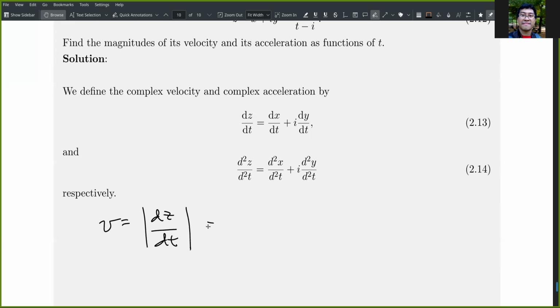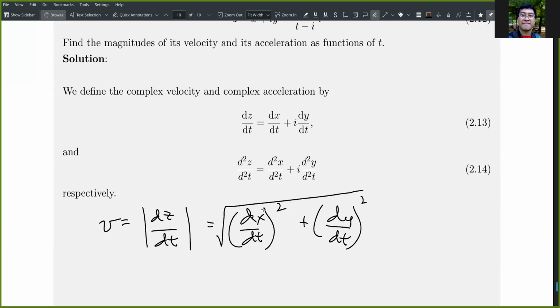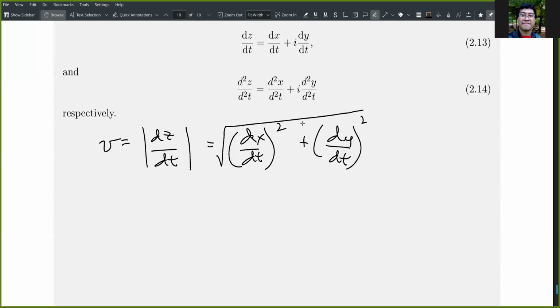That's the square root of dx by dt squared plus dy by dt squared, which are the real and imaginary components of this complex number. So to get this, we can simply use this expression.